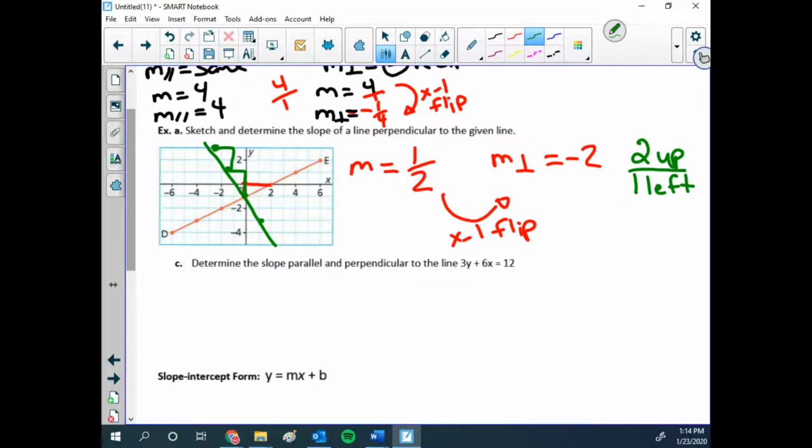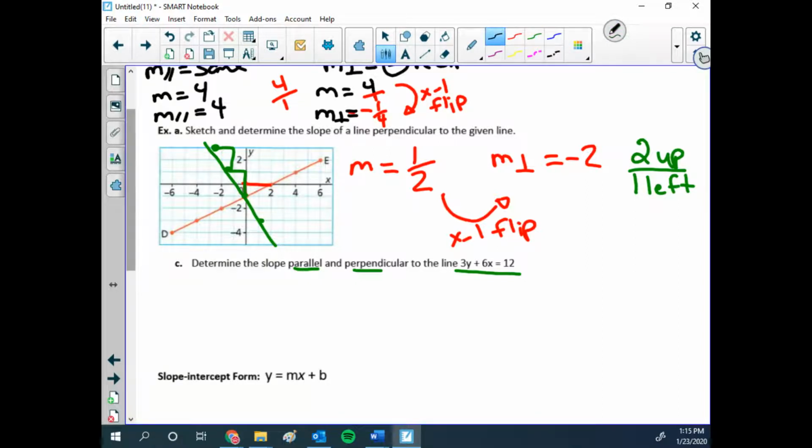The next part here is something that we need to know for our problem-solving questions. They say determine the slope parallel and perpendicular to 3y plus 6x is equal to 12. A lot of people are going to make a mistake where they look at this and say, okay, the slope is 6, and then find parallel and perpendicular slope from there. We can't find slope unless we have a graph, unless they tell us the slope, or unless we're in slope-intercept form.